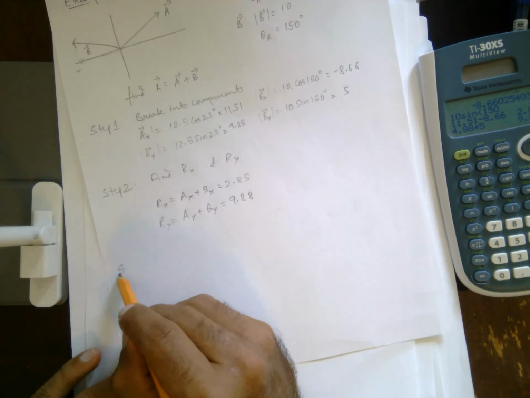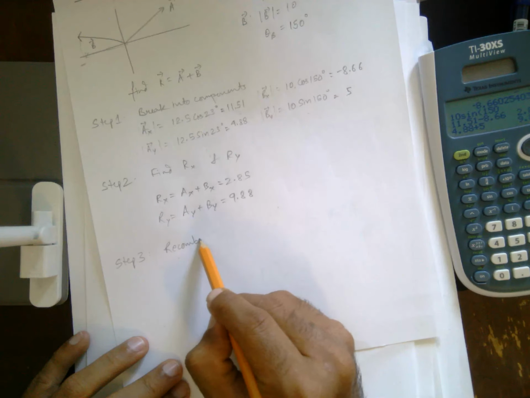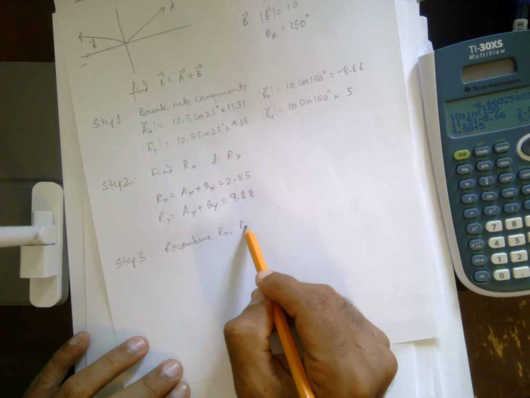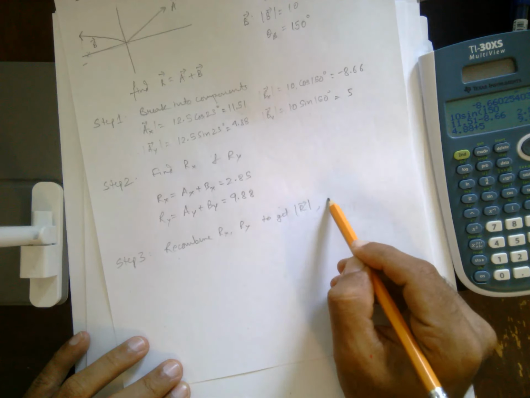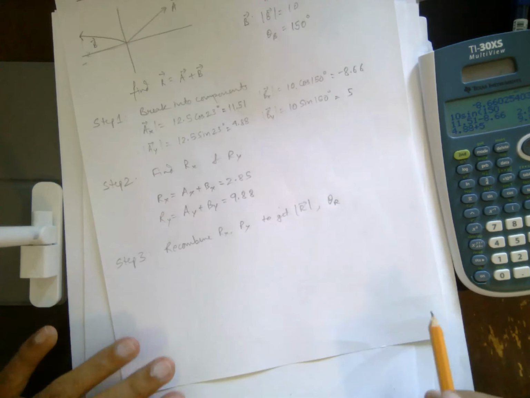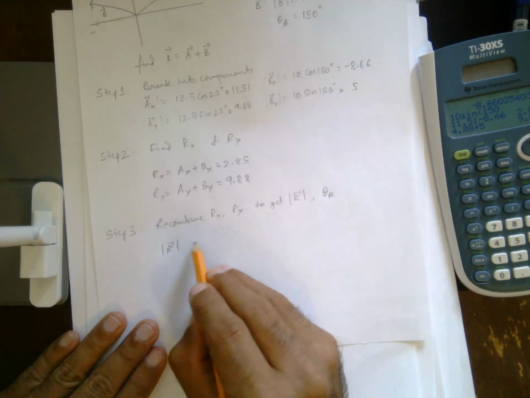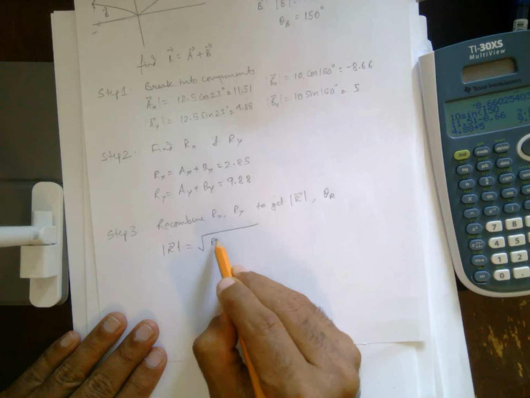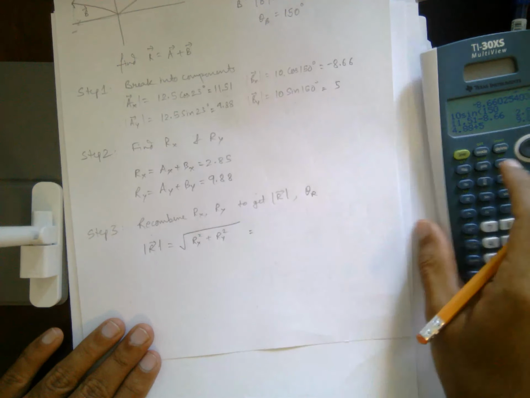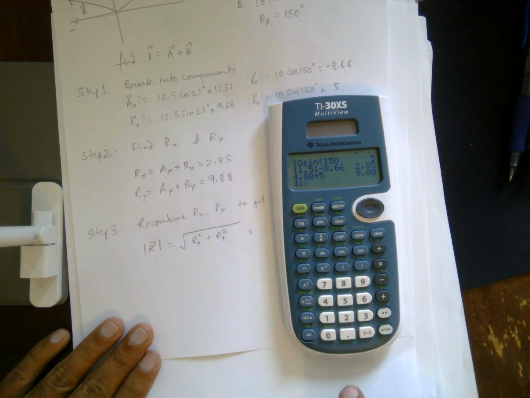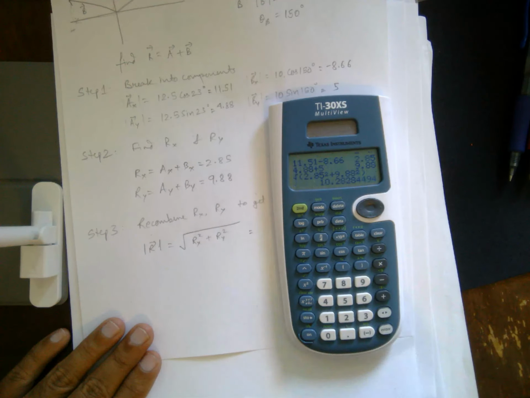And last, our step 3 is recombine Rx, Ry to get R and the angle of R. So in this case, the magnitude by Pythagoras' theorem is going to be the square root of Rx squared plus Ry squared. So you plug that in, square root of 2.85 squared plus 9.88 squared, 10.28.